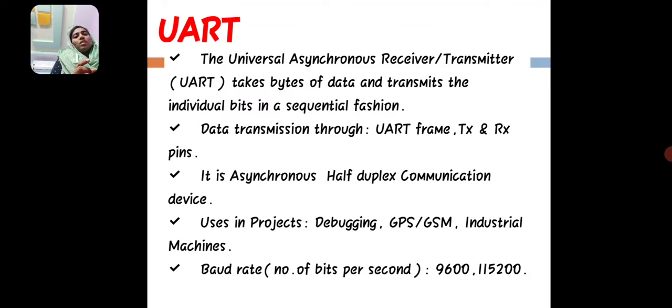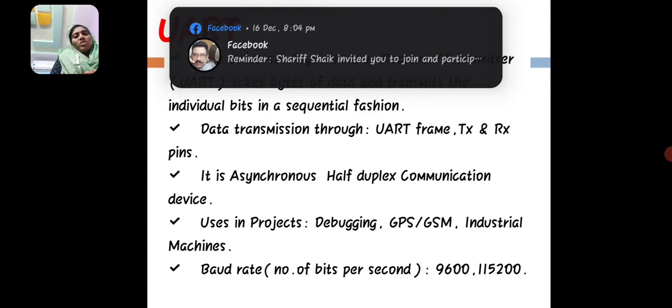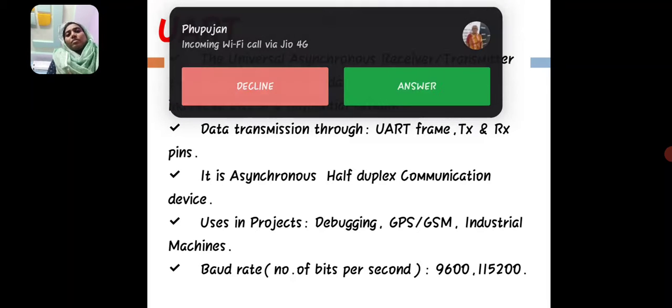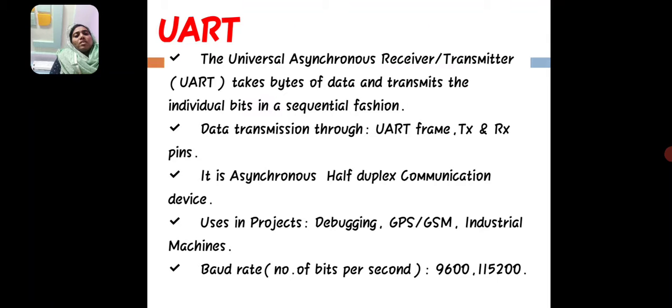So that is half duplex. Walkie-talkies are an example of half duplex communication devices. And next one is full duplex. In full duplex communication, it is a bidirectional communication device, and we can send the data and receive the data at the same time.